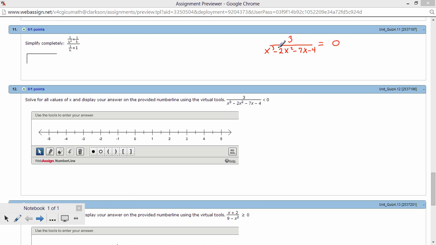The concern is if that denominator, the x cubed minus 2x squared minus 7x minus 4, were to equal 0, right? That's cause for concern and could identify some points that we might be interested in.